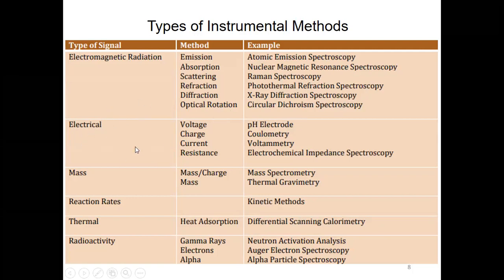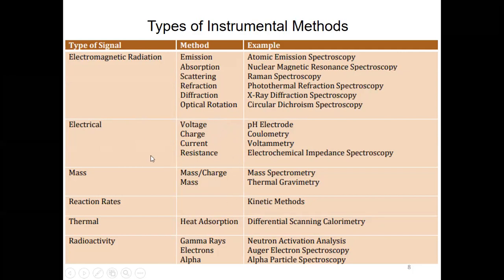Similarly, for the electrical ones, pH electrodes, you know, we use voltage, and coulometry, voltammetry, impedance spectroscopy. Impedance you will learn under electrochemistry.